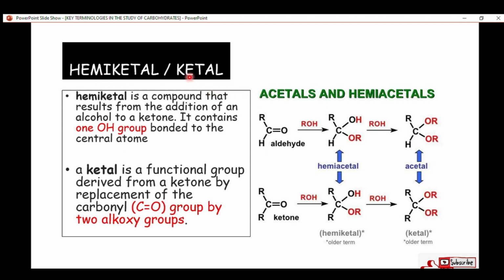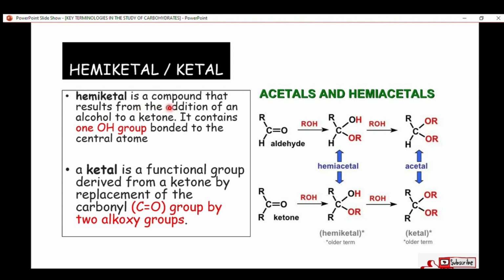In order to get hemiacetal or acetal groups, we have to use an aldehyde. And in order to get a ketal group or a hemiketal group, we have to use a ketone. When we add one hydroxy group to a ketone functional group, we convert it to a hemiketal group.